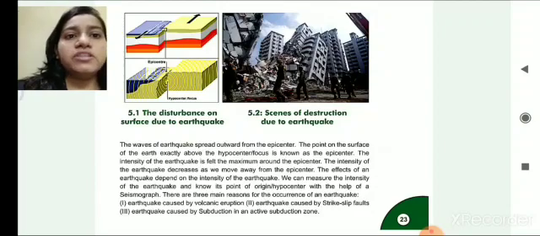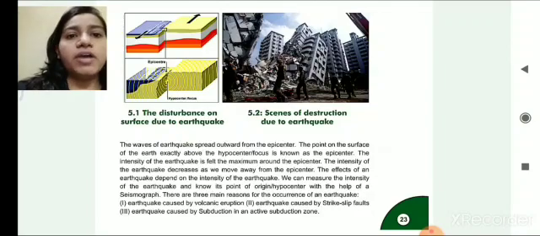The point on the surface of the earth exactly above the hypocenter or focus is known as epicenter. The intensity of earthquake is felt the maximum around the epicenter. That means the point of origin from which the tremors start, the movement of the earthquake is felt maximum over there.